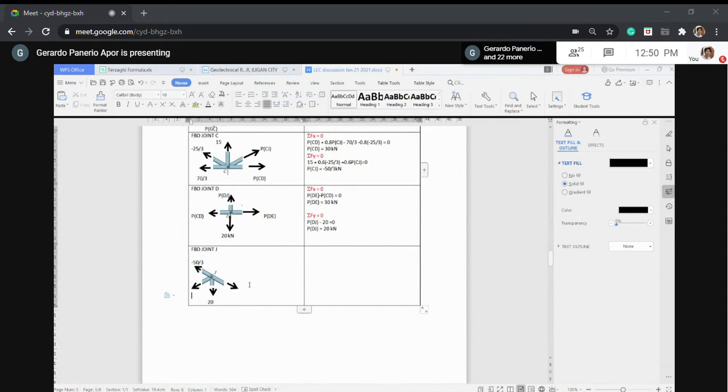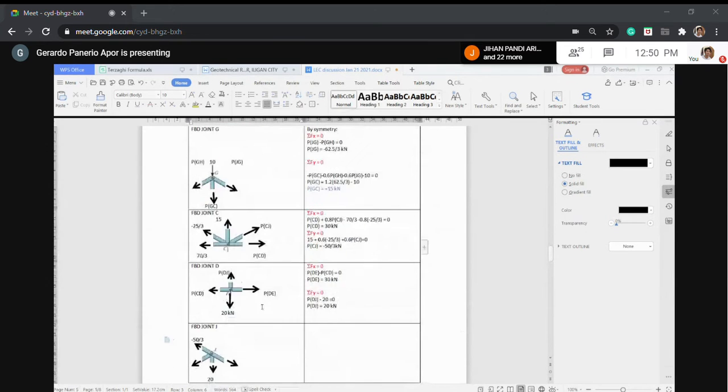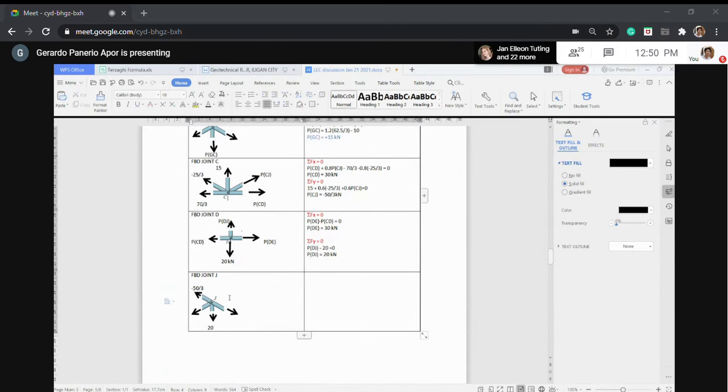Okay. So if you use this, you have so many members, no? But we have already drawn the free-body diagram. So anyway, what we need is just this GE, no? This PGE. This one, no? That's PGE. Okay. And this is 20.